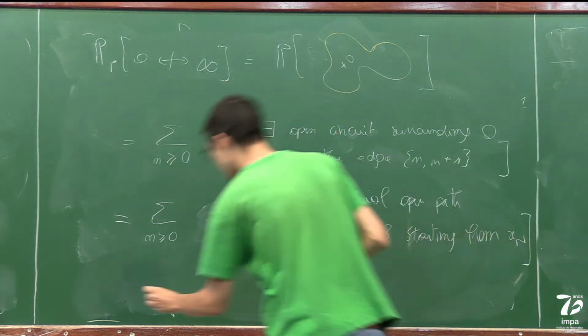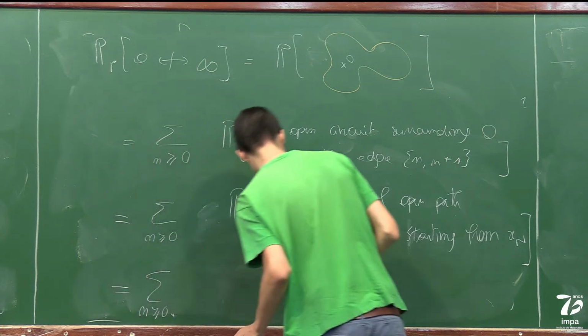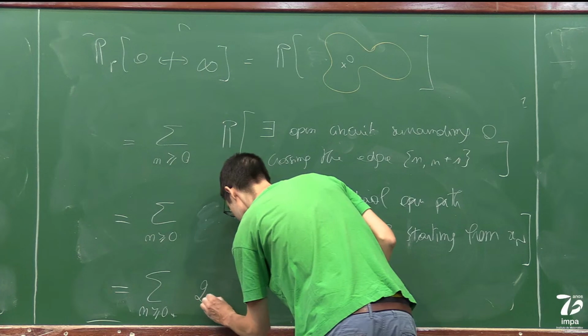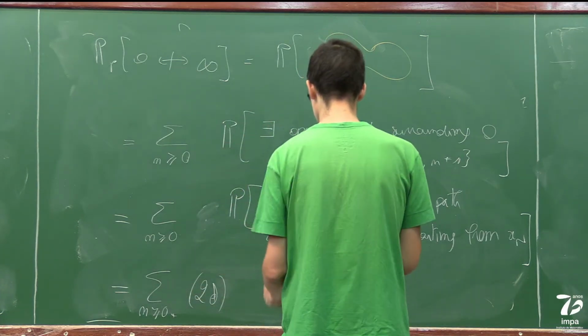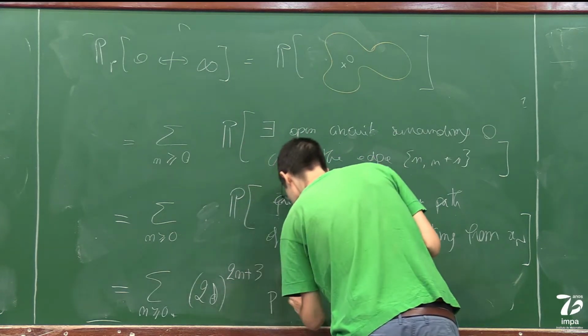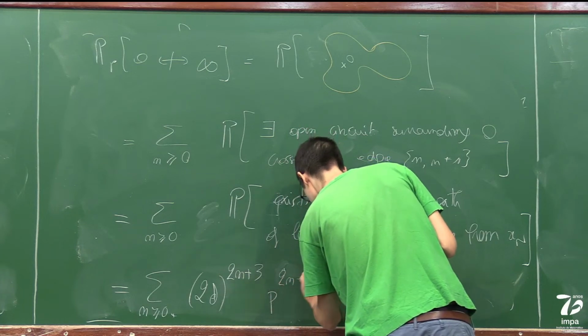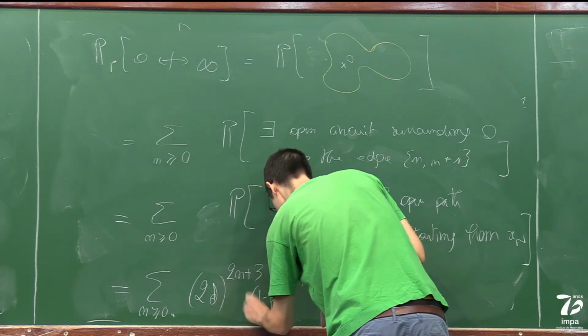And you know that this is smaller than 2d to the 2n plus 3 times, sorry, 1 minus p to the 2n.